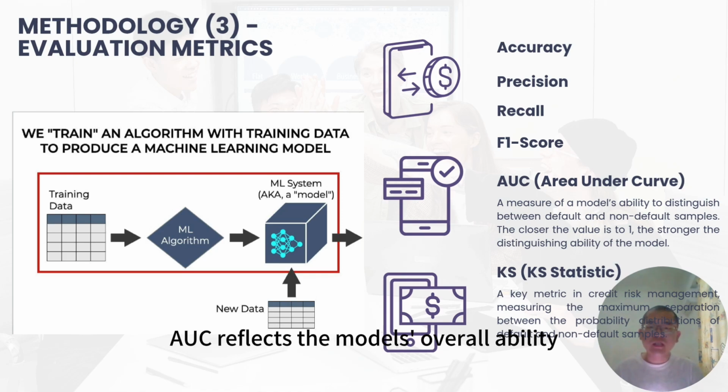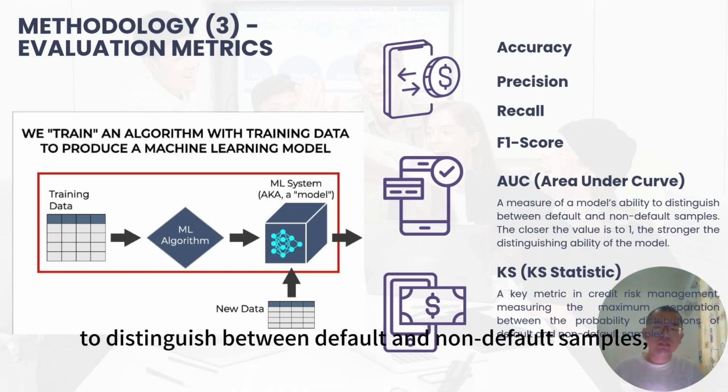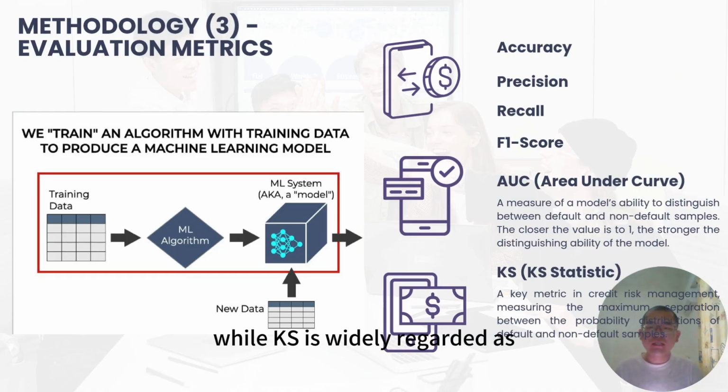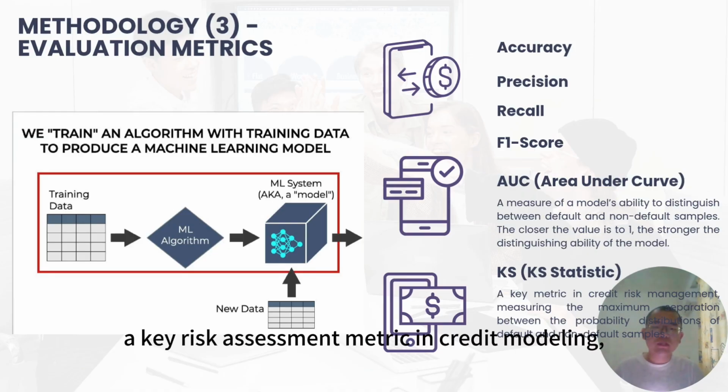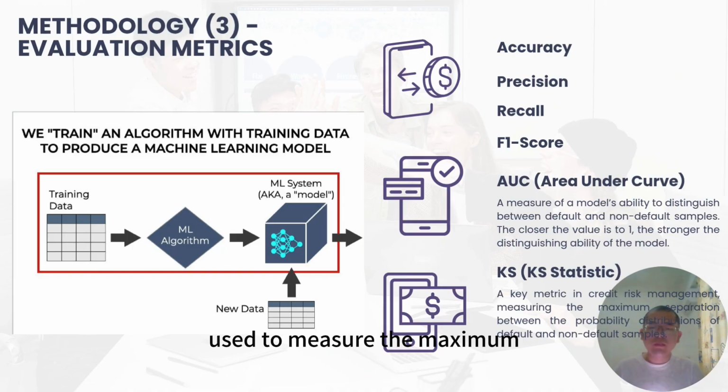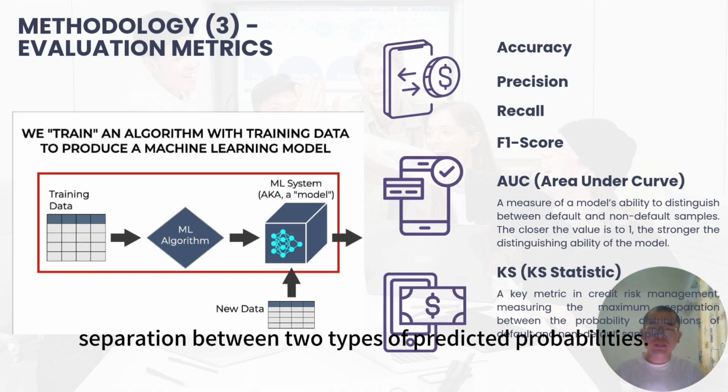AUC reflects the model's overall ability to distinguish between default and non-default samples, while KS is widely regarded as a key risk assessment metric in credit modeling, used to measure the maximum separation between two types of predicted probabilities.